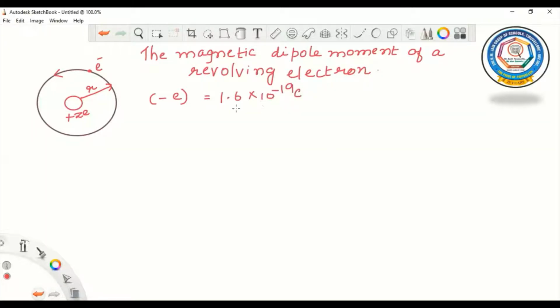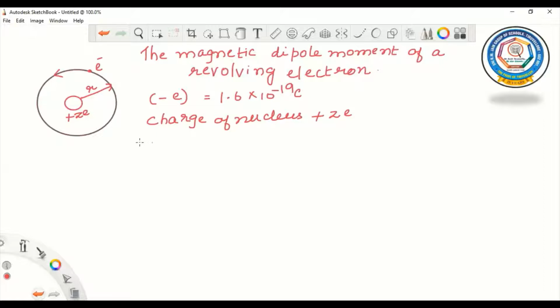This electron revolves around the nucleus in a uniform circular motion, and this is the stationary nucleus whose charge is plus Ze.